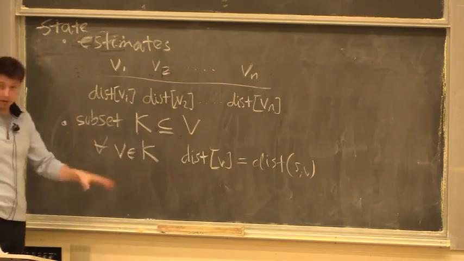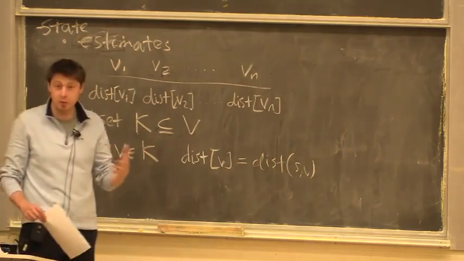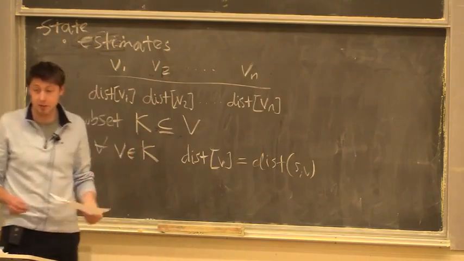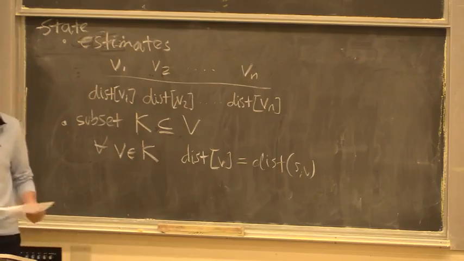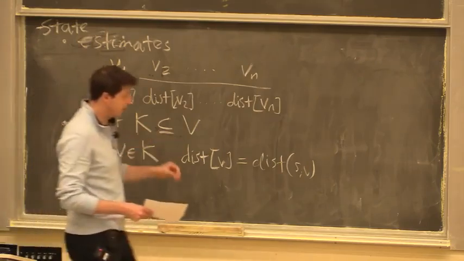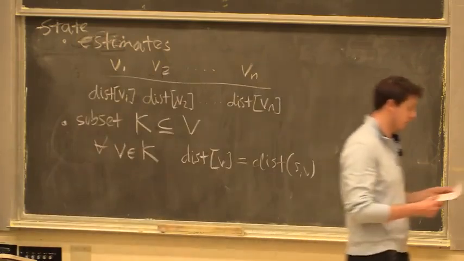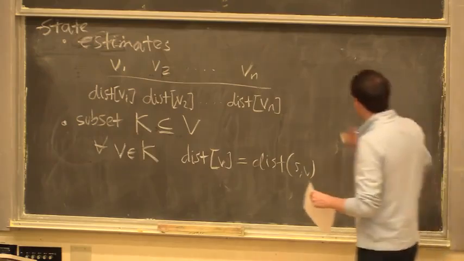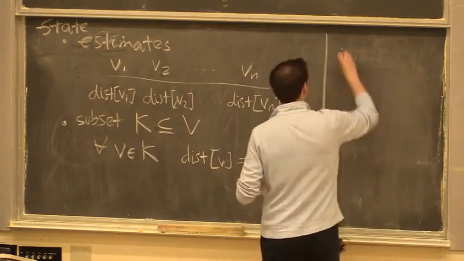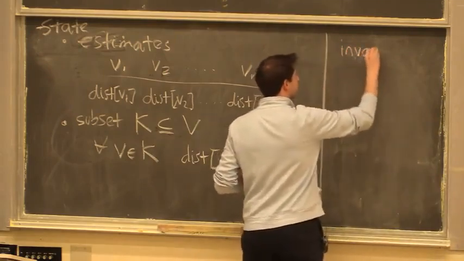It's important, why does it know? Because mathematically we show some properties, some invariants, so the algorithm actually makes choices so that when it grows K, it knows that at that point, for everything in K, including a new thing it added, the estimate is correct. Okay, so there's going to be an invariant that we're going to try to maintain about this state.